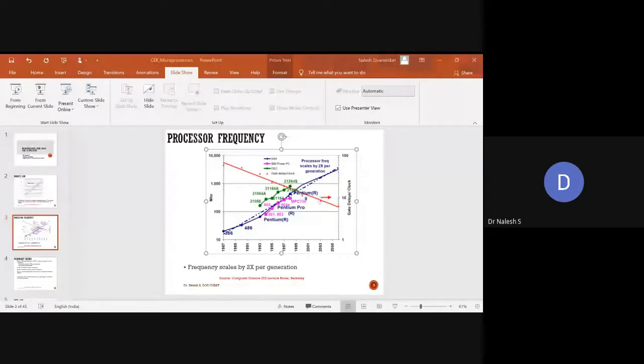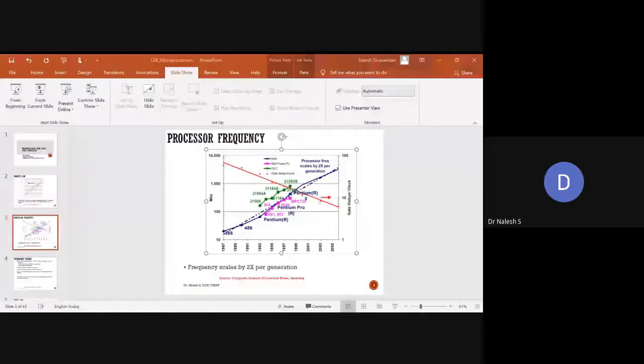What we have here is the frequency of the processor on the y-axis and the years as it progresses along the x-axis. As you can see, the frequency has also been doubling or increasing every 2 years. So we have twice the number of transistors and twice the frequency. What happens when the clock frequency increases?